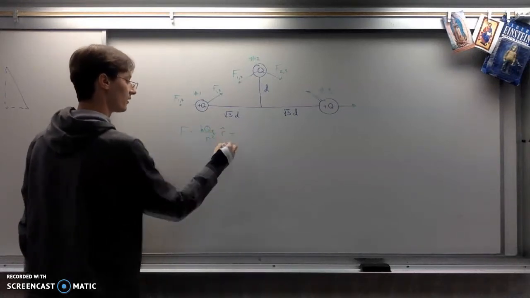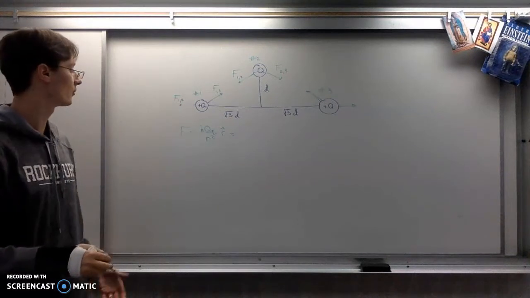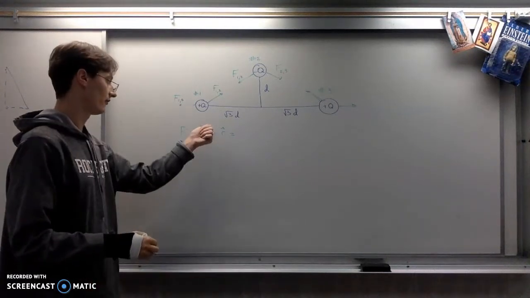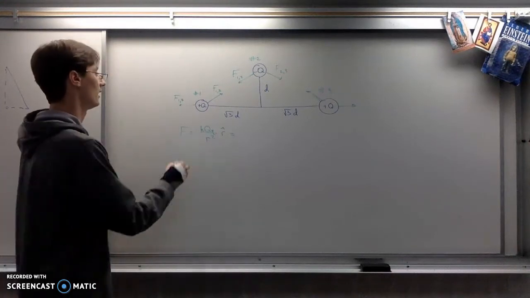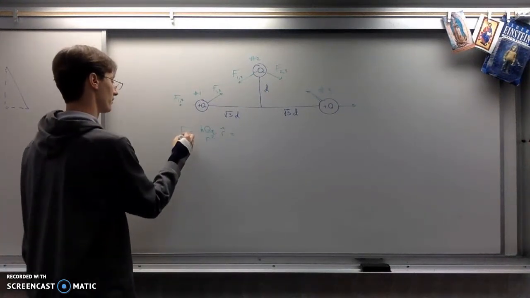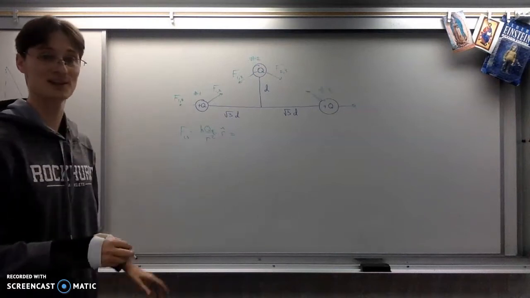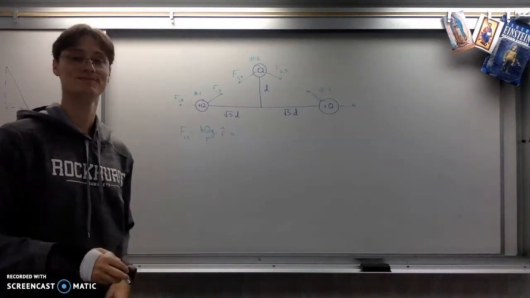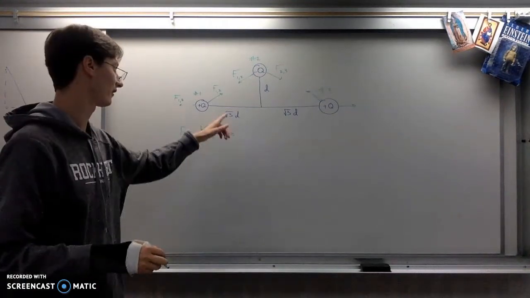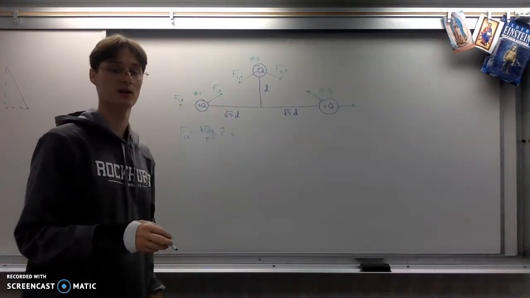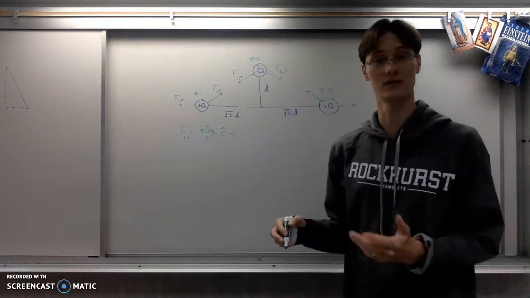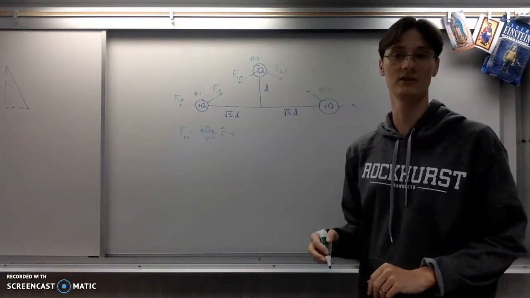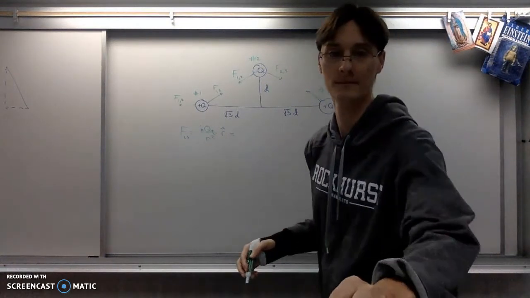So the very first thing is going to be to plug in values for Q and Q and for R. Let's do the F13 first, which I'm picking because it's in a straight line rather than at an angle. So pause and figure it out on your own, and then resume the video when you think that you have an appropriate expression for it.